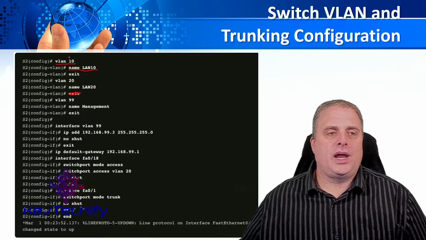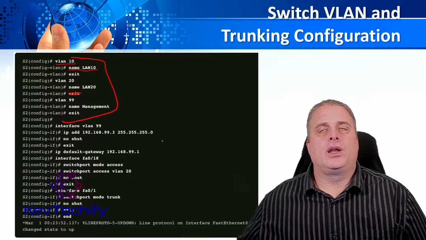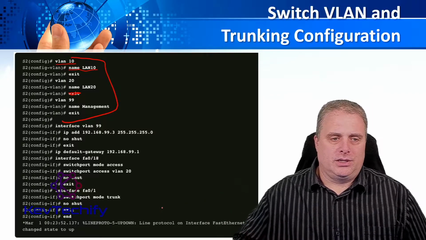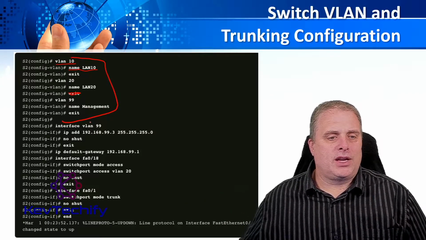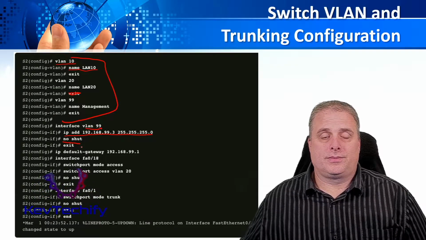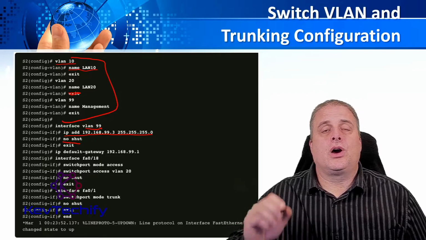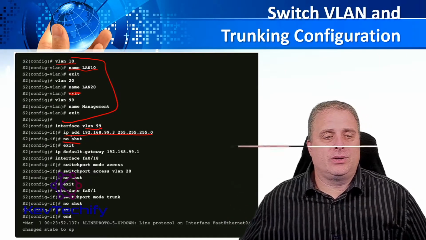Then once you've created and named all of your VLANs here, then you go in and you set up the management of that. And we decided here that VLAN 99 was our management port. We go into VLAN 99, we assign our IP address to that, do a no shutdown on that port, because once again, physical ports are turned off by default, so you do no shutdown. It's also just a good habit to get into.